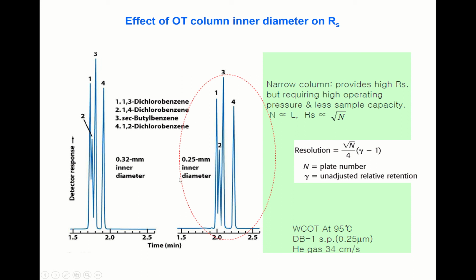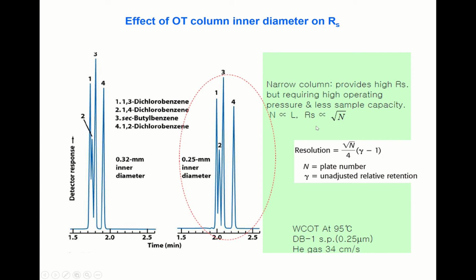Narrow columns provide higher resolution, but require high operating pressure and have lesser sample capacity. Why high operating pressure? Since the column diameter is small, you need more pressure to push your carrier gas through the column. And less sample capacity because the volume inside the column is small.